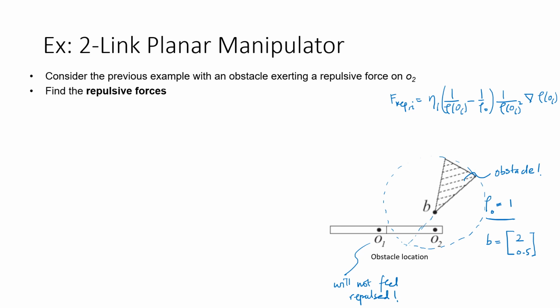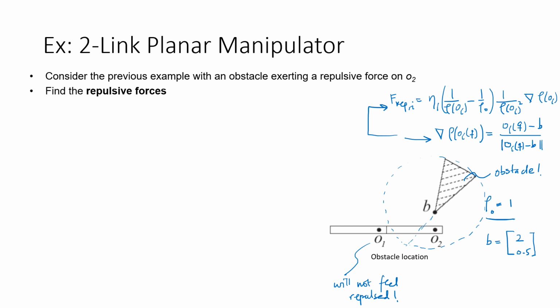And you know that the del of rho at O_i(q) was defined, in order to keep it simple, as O_i(q) minus B over the magnitude of this difference. So I can compute this first, and then I can plug that in over here to find the repulsive force.